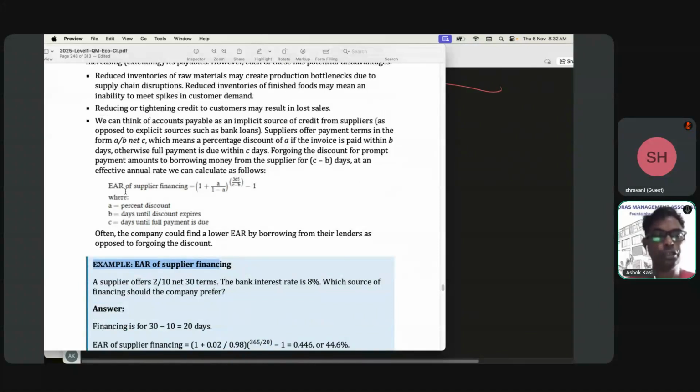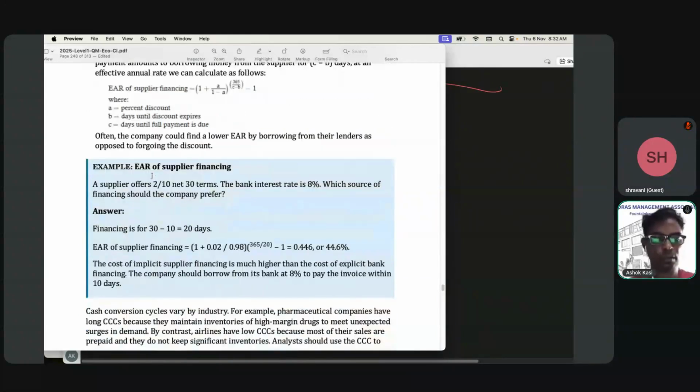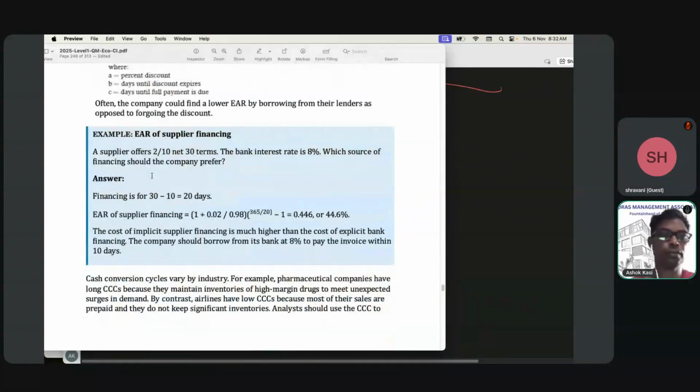Okay, it is equivalent annual return. See this question. A supplier offers 2 by 10 net 30 terms. The bank interest rate is 8%. Which source of financing should the company prefer?